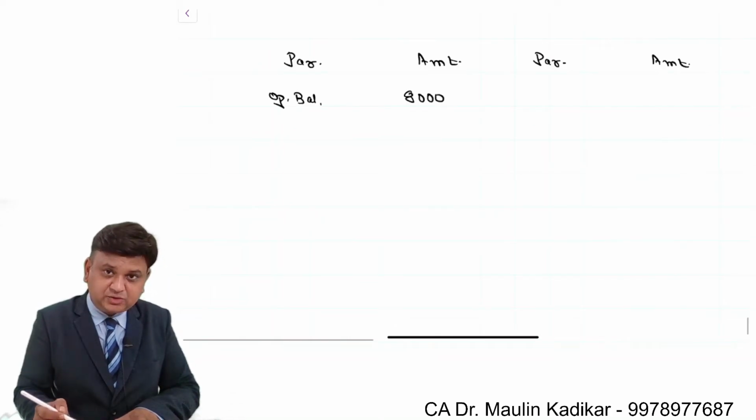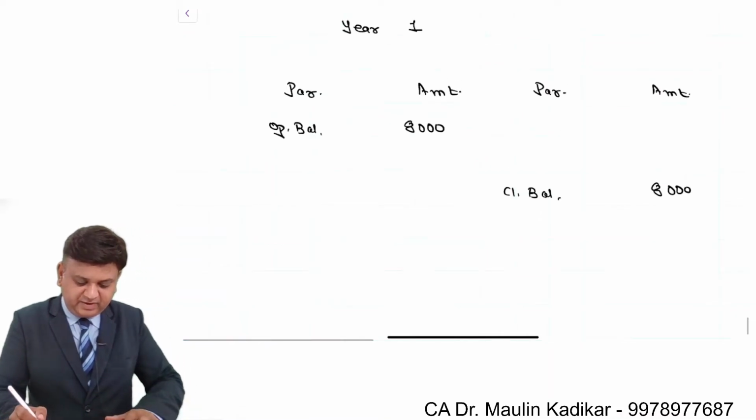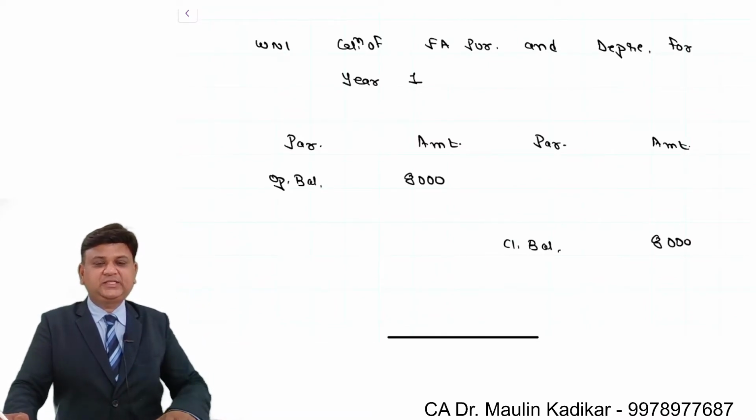Opening balance is 8,000, closing balance would be 8,000 itself. Why? Because we assume that the sales is not growing, so in that case the fixed asset will remain same, because the asset turnover ratio has to be kept same.